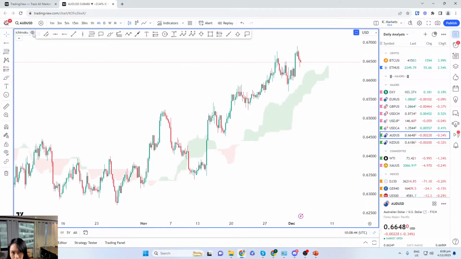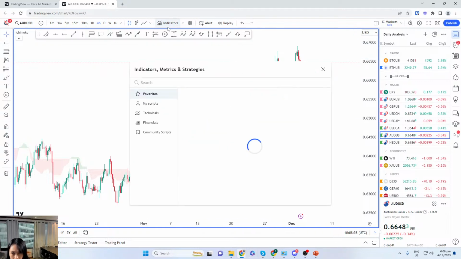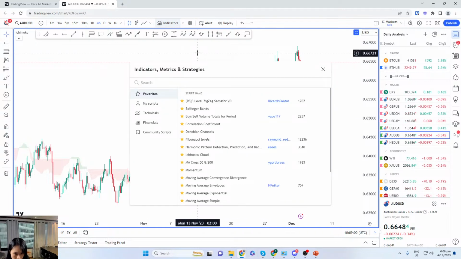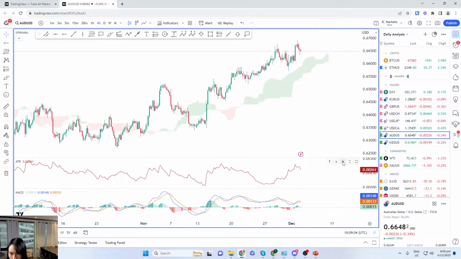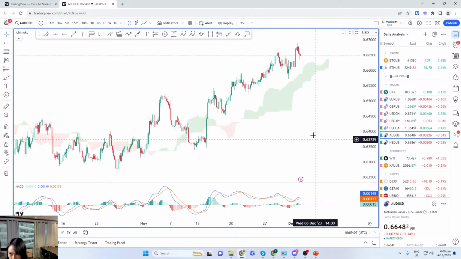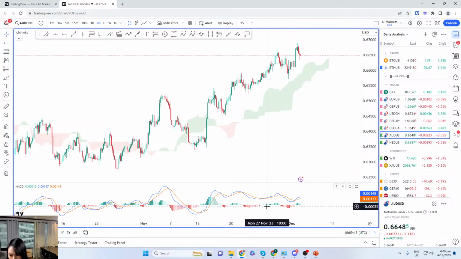On top of Ichimoku, you also can use other technical indicators, maybe like MACD and stochastic, to identify the trend. So let's say I were to add a MACD. For MACD, you can see the indicator over here.